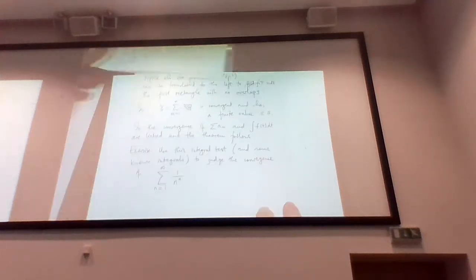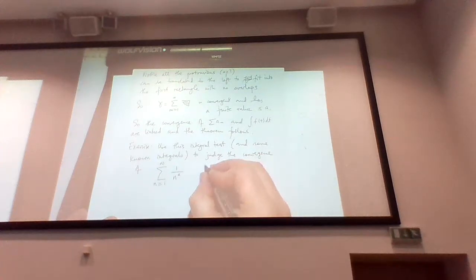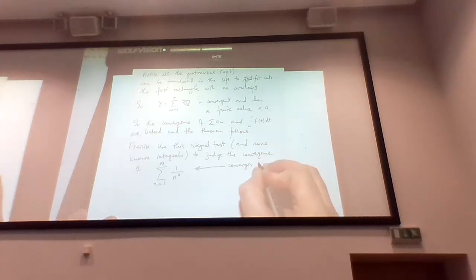So a is fixed. How does the convergence of this thing depend on a? That's the question. So you want to get a conclusion that this converges for some a and diverges for other a.